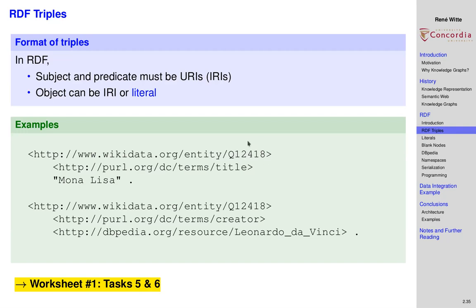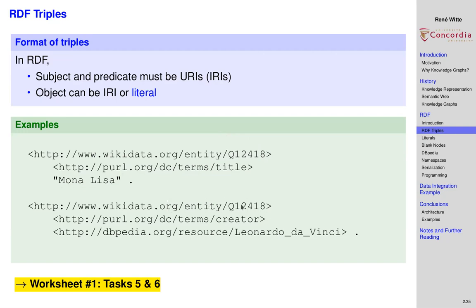And now, if you want to give this entity, this painting, a title, we are going to use another URL to express that we want to give it a title. We will talk about this more next week. And then we have the actual title, which is the Mona Lisa. And then we had the relationship between the painting and the creator. So again, it's the same entity.